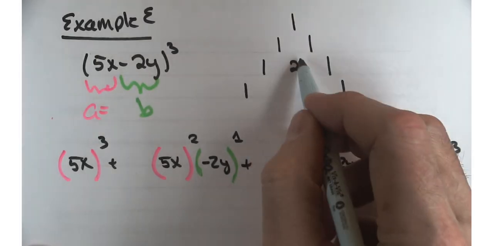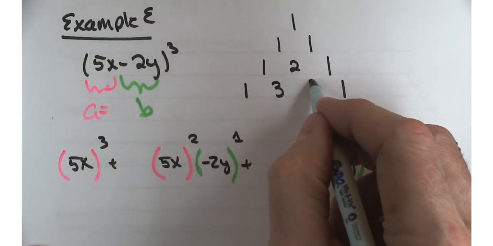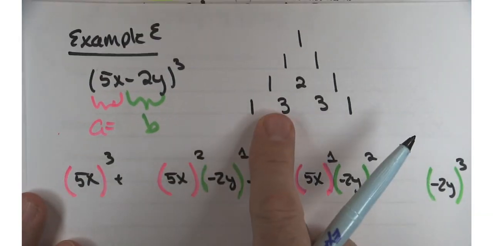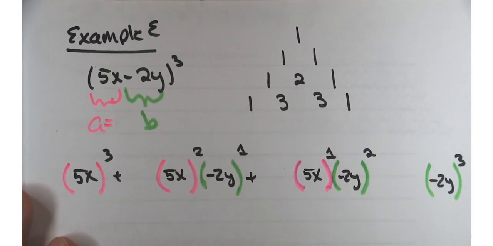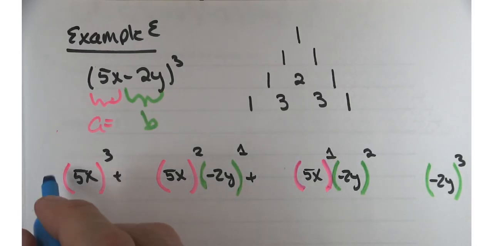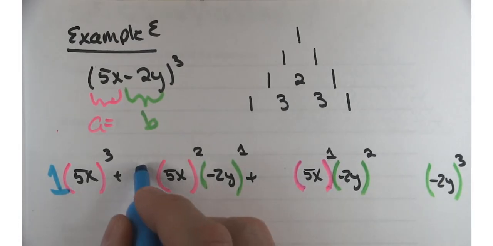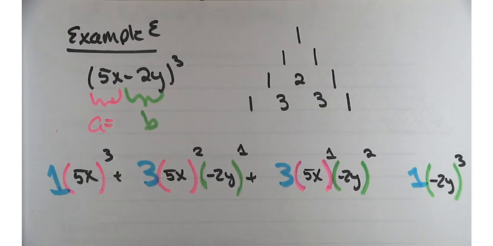So 1 and 2, 2 and 1, 3. And that's what we need. That 3 matches up with this. Those are the coefficients that we need to fill in to kind of complete our work with Pascal's triangle. Well, at least somewhat completed. Now, if you didn't write a 1 here, I'm not going to complain. It doesn't matter to me. 3, 3, 1. Let's put in a little plus here.